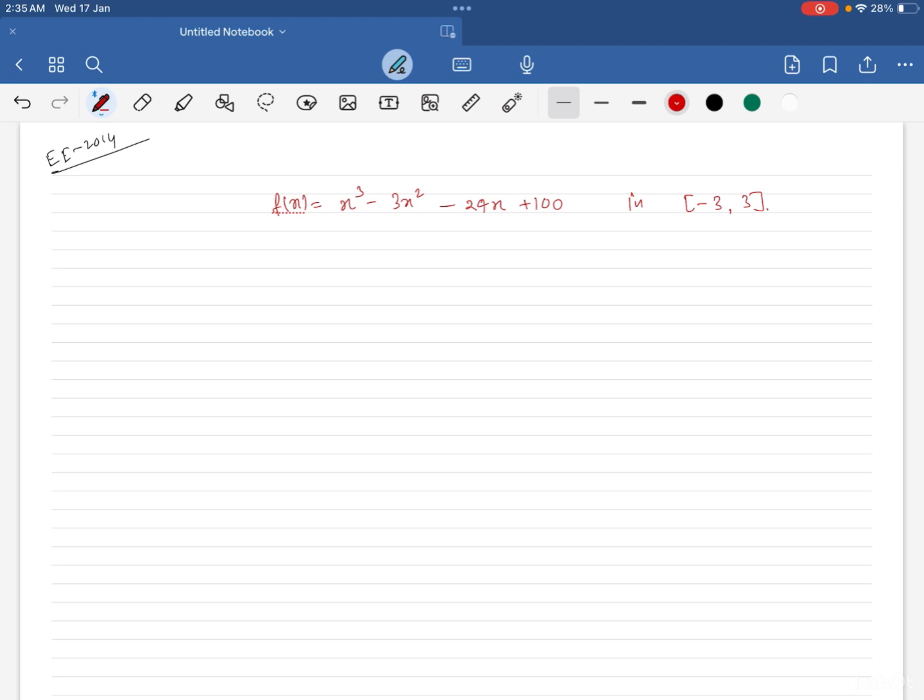So what we have to find? The minimum value of the function in this range, in this domain. So A is equal to 20, B is 28, C is 16, D is 32. Let me know what's the answer.